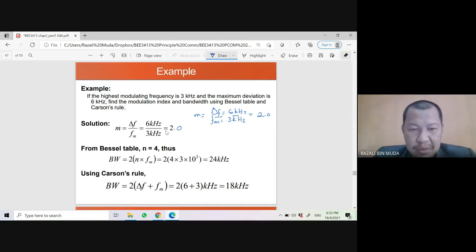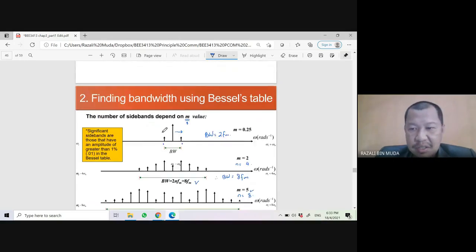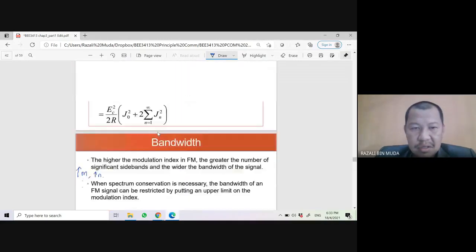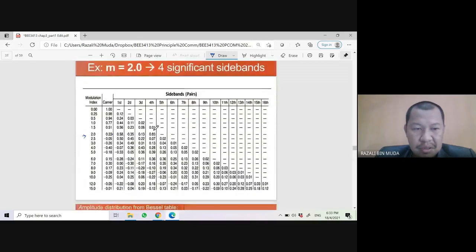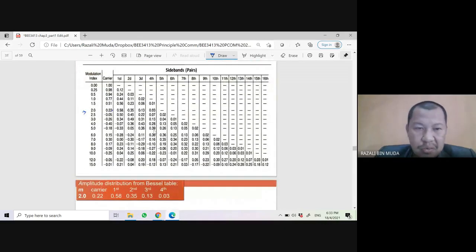Okay, 2.0. From Bessel table, we get n equal to 4. Where in the Bessel table is n equal to 4? Okay, let's check Bessel table. So n equal to 4. 1, 2, 3, 4. This is 4. 5 is 0. So n equal to 4. We don't take this value, we take this 4 sideband.